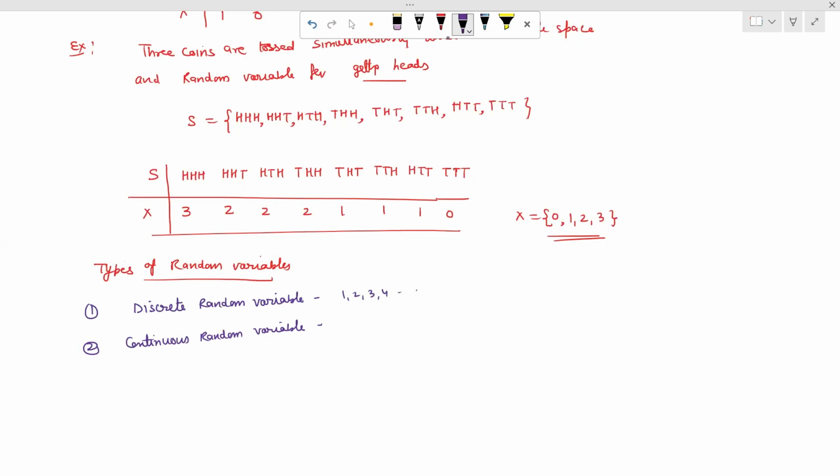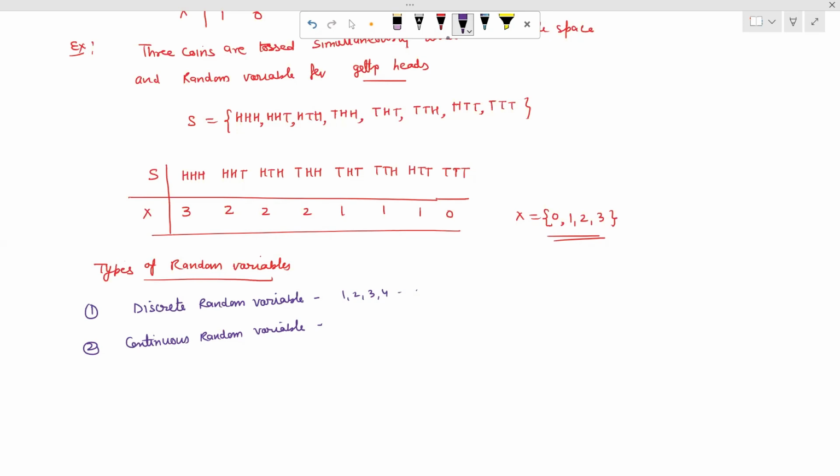Such types of numbers are called discrete random variables. That means the number of students in a class is part of the discrete random variable. So 30, 40, 50, 25.